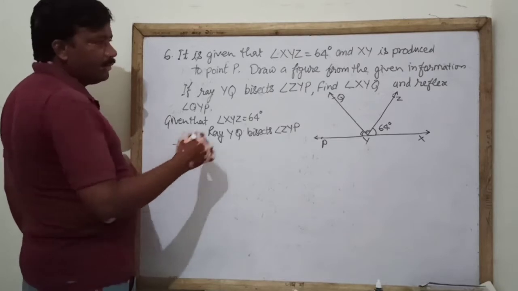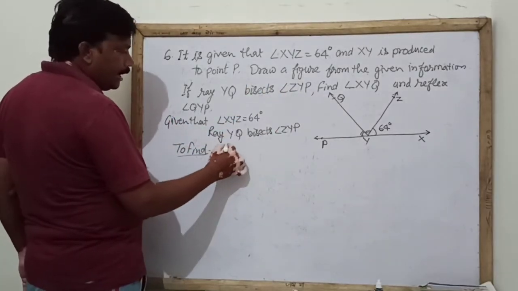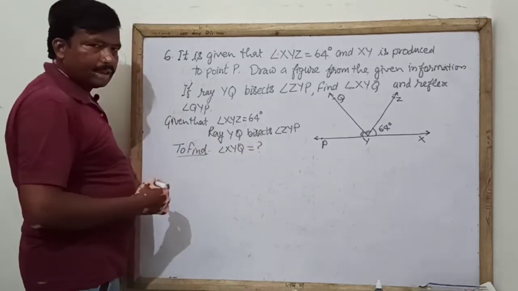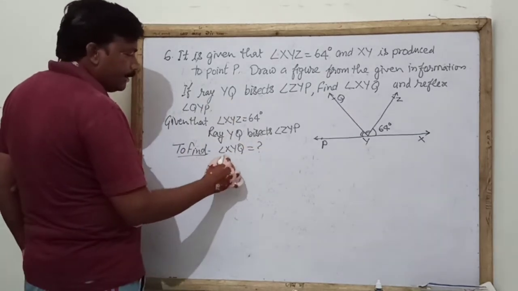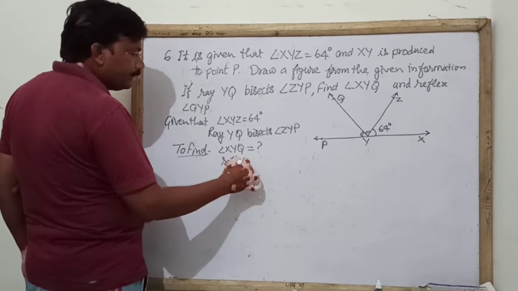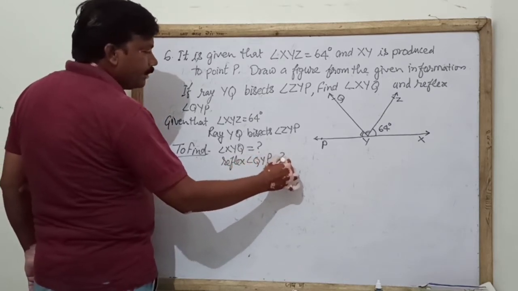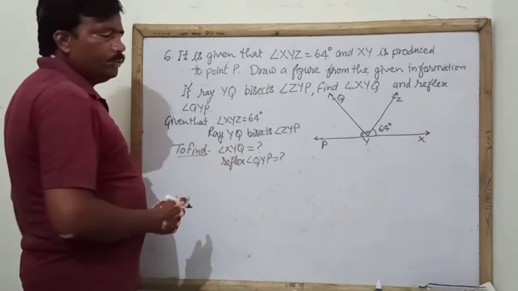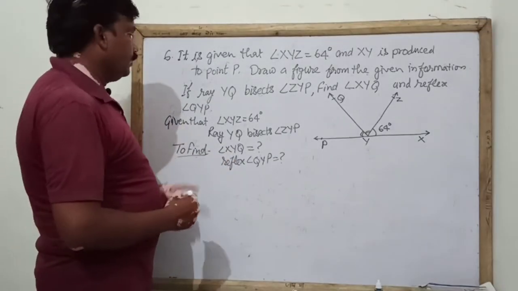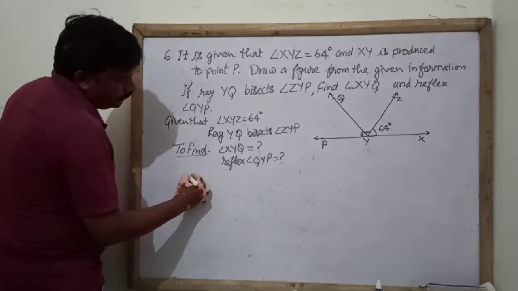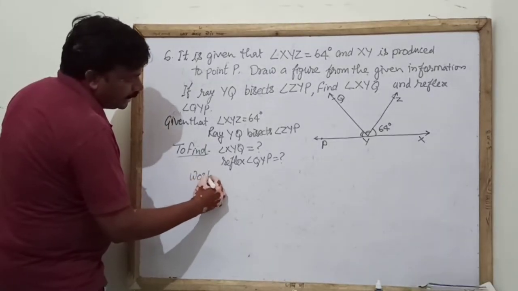What is to be found: the measurement of angle XYQ and reflex angle QYP. These two are to be found. Then move to calculation, we can write here working.